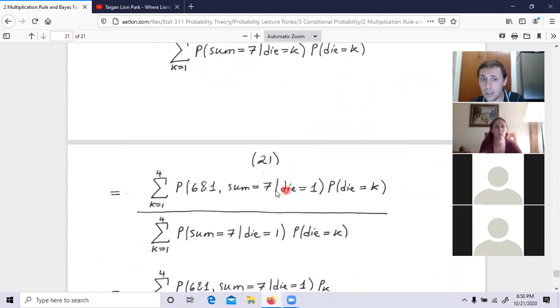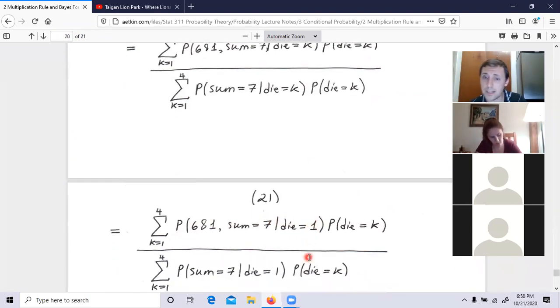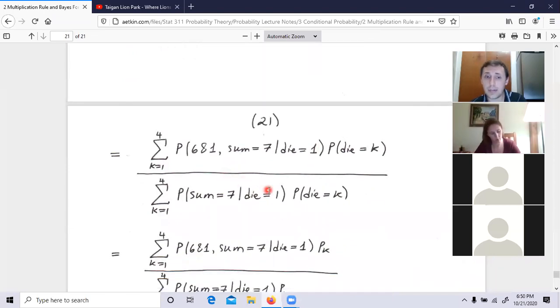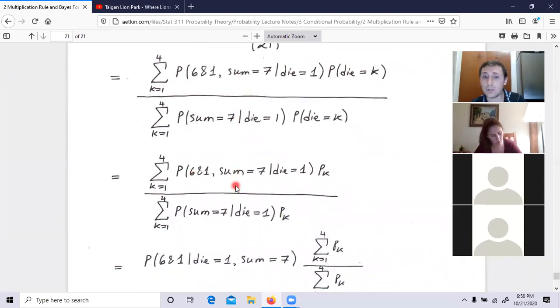They're all fair dice. I can assume that it's die 1 and then the probability that die k was picked. I switch this information to die 1 because this probability will be the same regardless of what actual die came around. That's by assumption here, right? And that allows me to factor out this term. Look at it. This term does not depend on k. So I can factor it out.